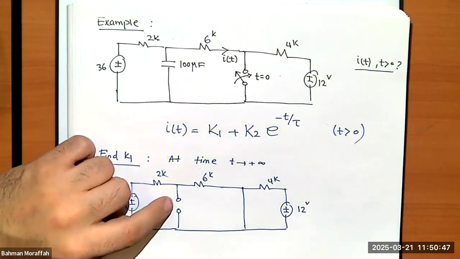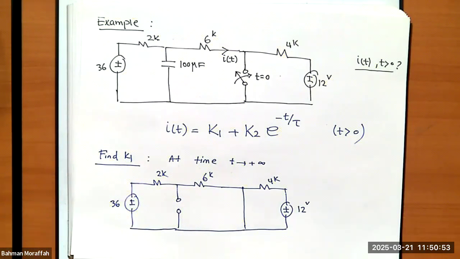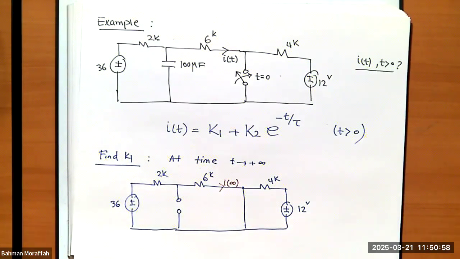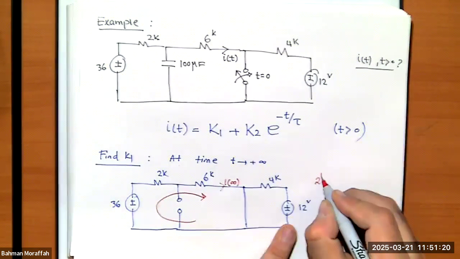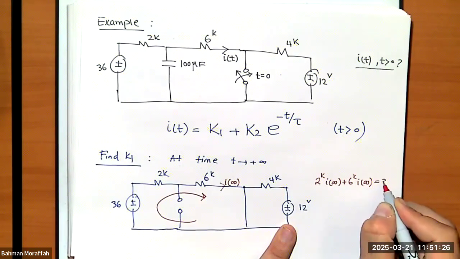Do I even care about voltage across this capacitor at time infinity? No. All we care about is this I at time infinity. We're not concerned with this voltage, because we're not solving for voltage across the capacitor, and we don't have any continuity issue. So all we need to do is find this I at time infinity. How can we find it? Well, it's very simple. I can just write a KVL here: 2K times I infinity plus 6K times I infinity equals 36.